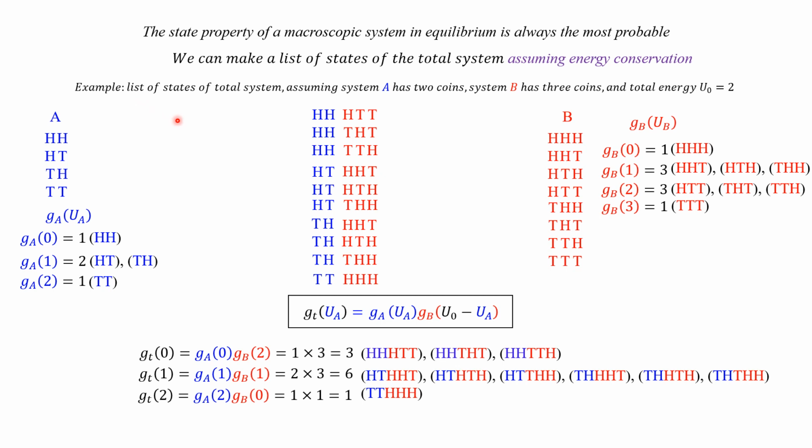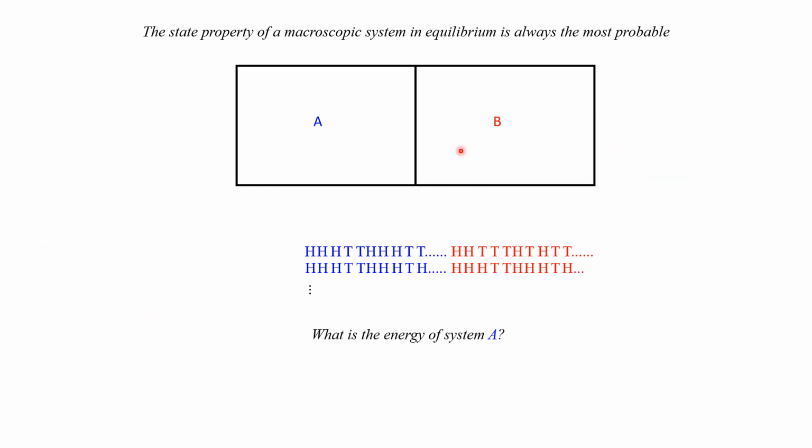So now we're going to extend this idea to macroscopic systems, and take advantage that in macroscopic systems, the most probable energy will be overwhelmingly more probable than the other energies. So let's suppose then that we still have a system A and system B that are interacting.